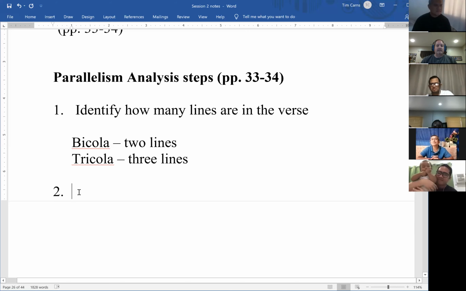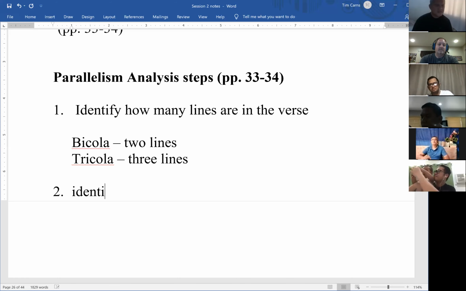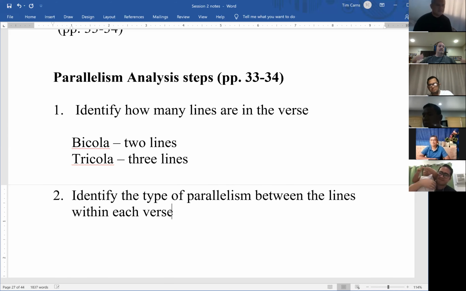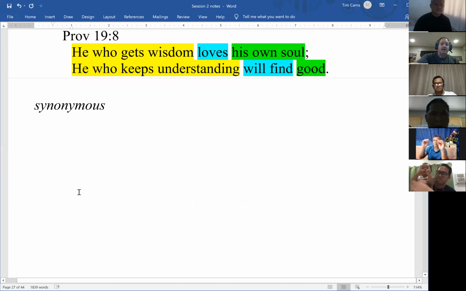Now the second step: first identify how many lines are in the verse, and then secondly, identify the type of parallelism between the lines within each verse. We just did that for a number of examples above, and all the examples we looked at in Proverbs. How many lines are in each of these Proverbs?